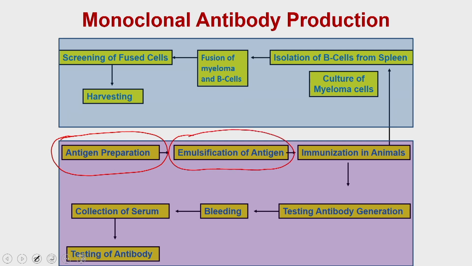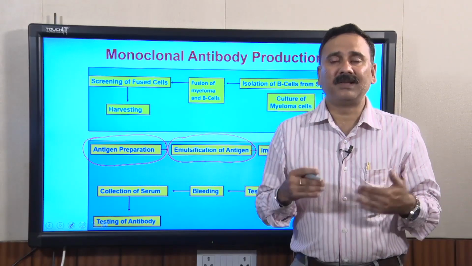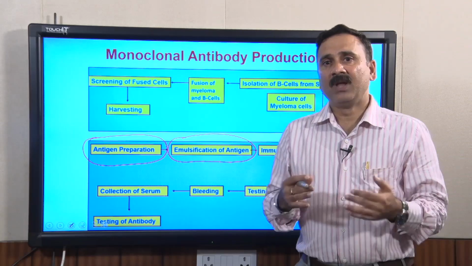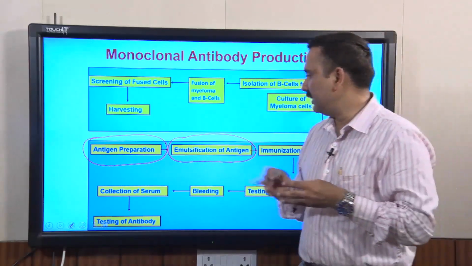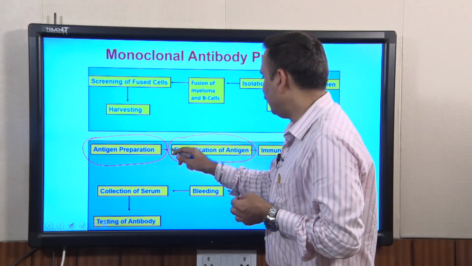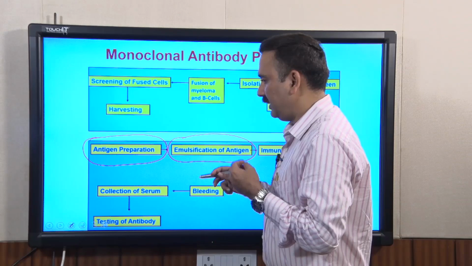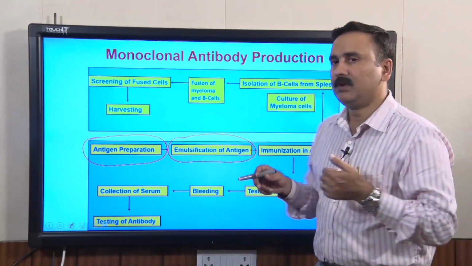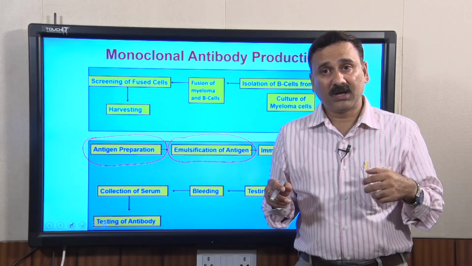If you remember, we have already discussed how to prepare the antigen, either by using recombinant DNA technology, or by purifying the antigen using classical chromatography techniques. Either way, once you have the antigen, you emulsify it with the help of different types of adjuvants. You will use either Freund's complete adjuvant or the incomplete adjuvant.